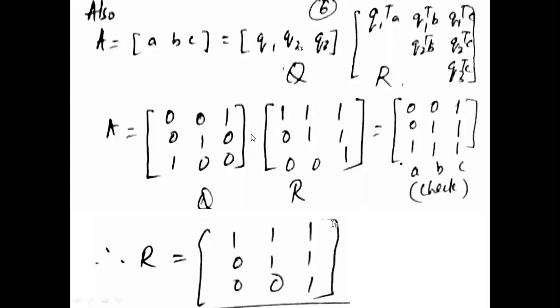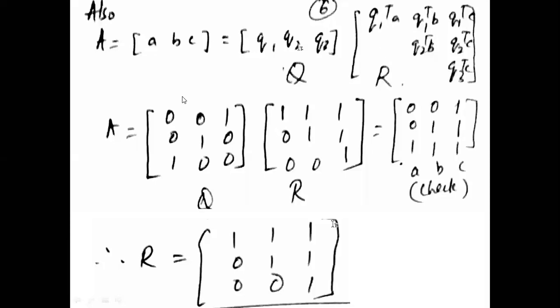R will be found as this, which is Q1 transpose A, Q1 transpose B, Q1 transpose C. You can see that some values have been left blank, because as we discussed yesterday, R is supposed to be an upper triangular matrix. For the upper triangular matrix, the main diagonal will have values, and all the values below the main diagonal are going to be 0. So these three values have been left blank because they are just 0.